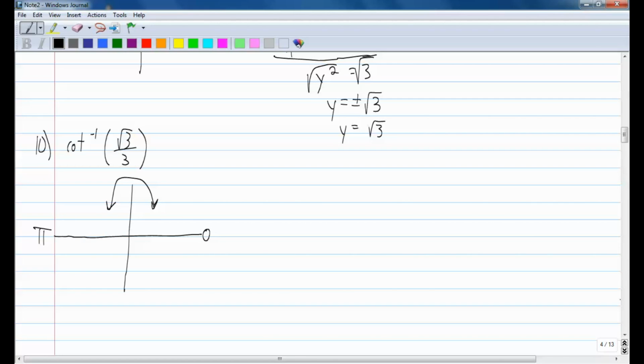Alright, so if I take the inverse cotangent, I want to get the answer, and it's positive, I want to get the answer from the first quadrant. So make sure, no matter which trig function you use, that you get the answer from the first quadrant. Why I say that is because generally, if we're evaluating reciprocals, we would use its reciprocal.